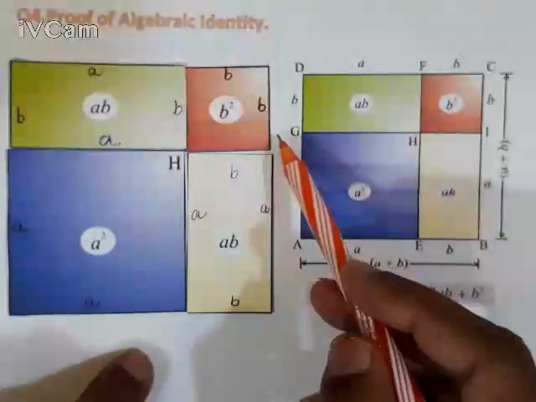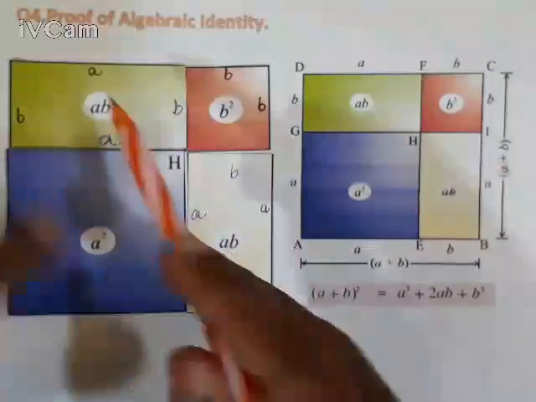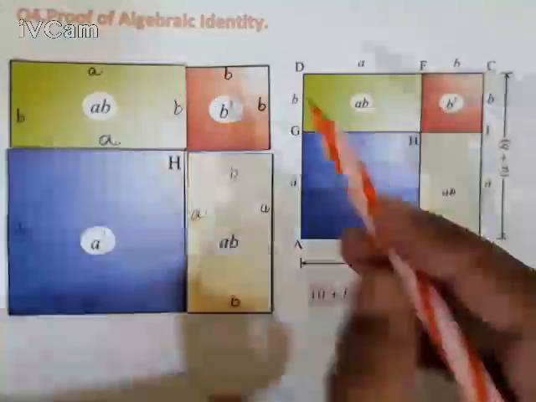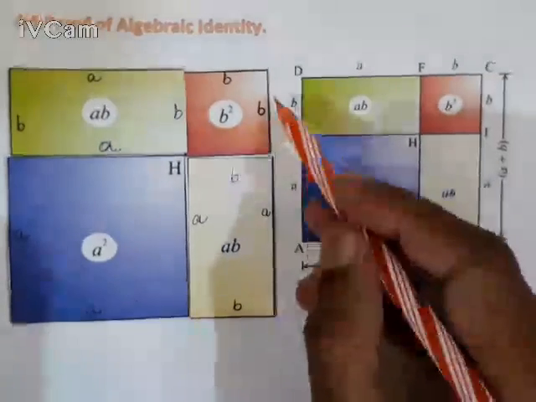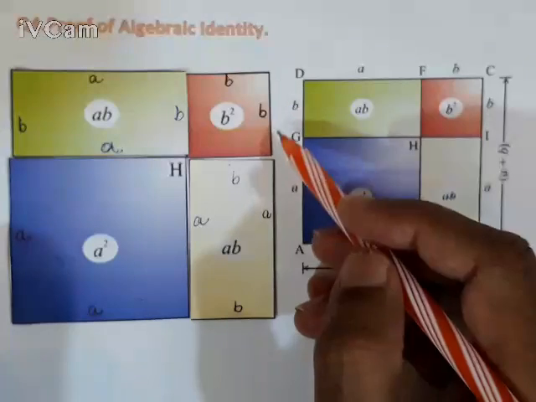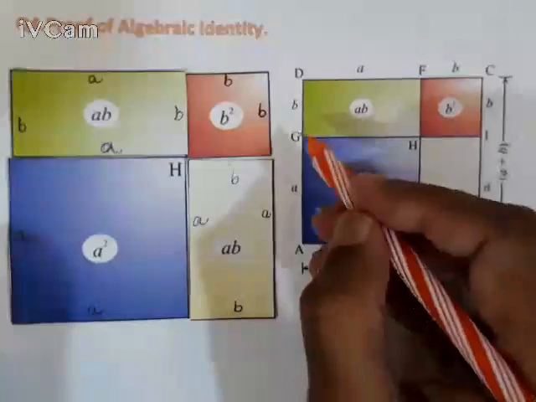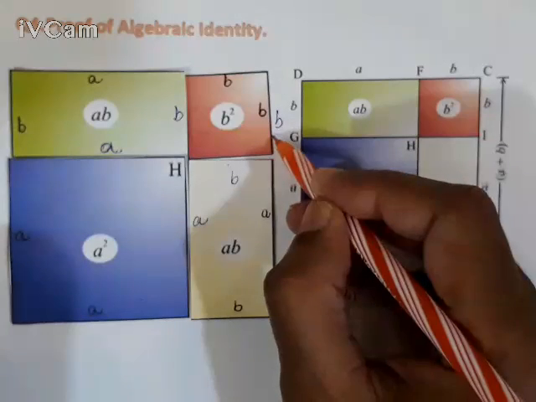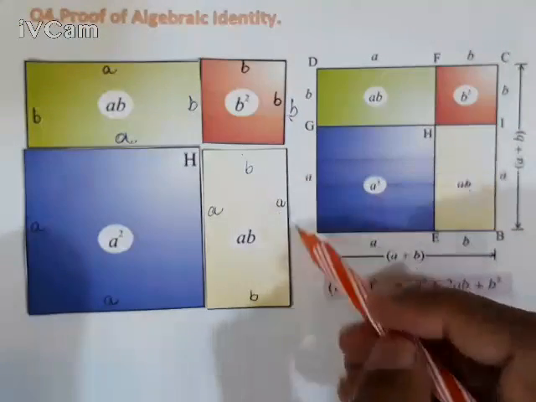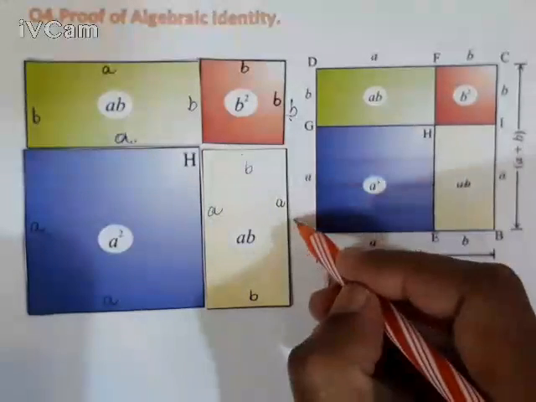When we paste and cut this side and paste it over here, it will make a big square. This side of the small square is b, and this side of the rectangle is a.